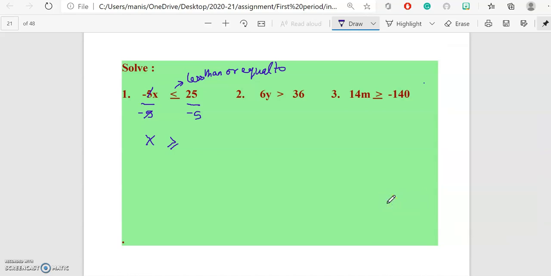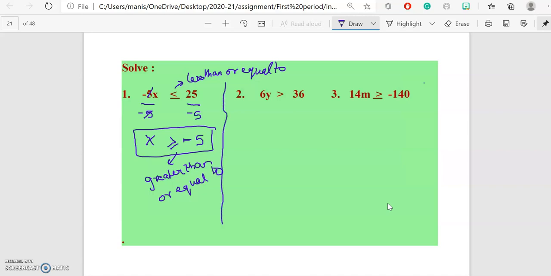So my answer is negative 5. When I rewrite mine, it says x is greater than or equal to negative 5. See, we started with less than or equal to, and it changed to greater than or equal to.